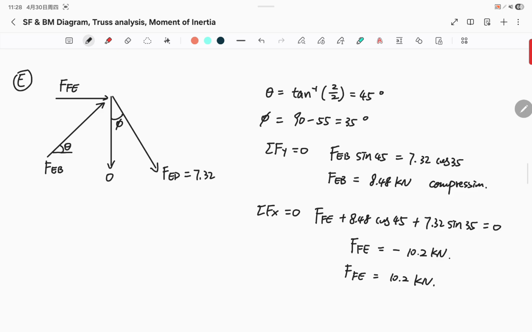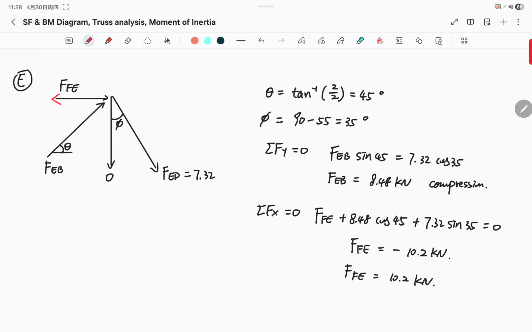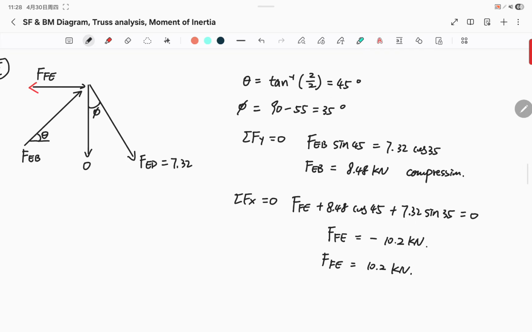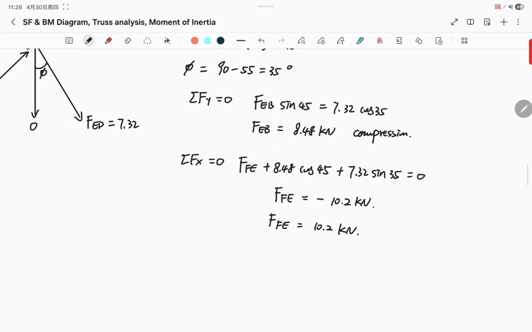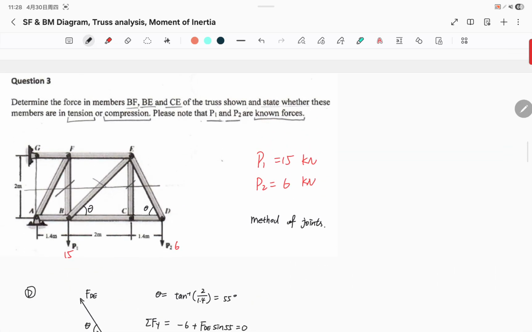That means our guess was incorrect. It's actually the opposite direction. So it's in tension instead of compression. And its magnitude doesn't change for sure. And now we can move on to the next joint.